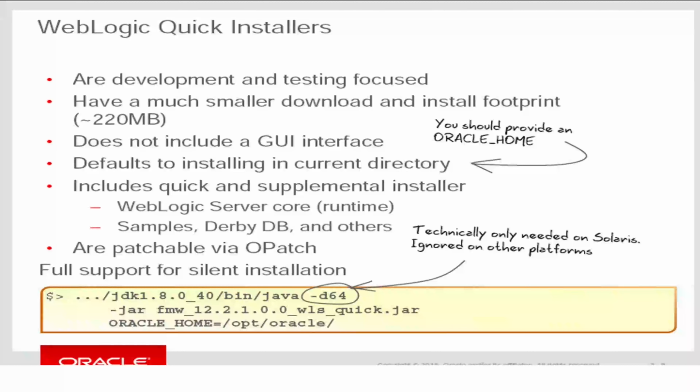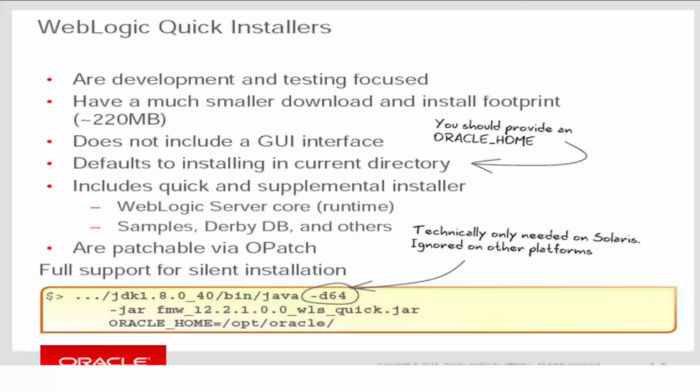Another is the WebLogic quick installer, which is basically for development and testing focus, and has a much smaller download and install footprint. It does not include the GUI interface. It also installs in the current directory by default.